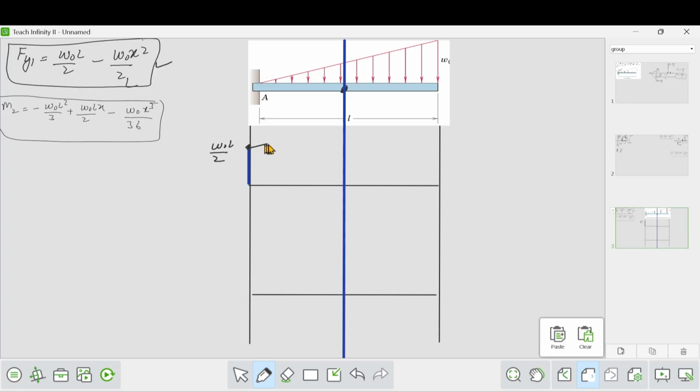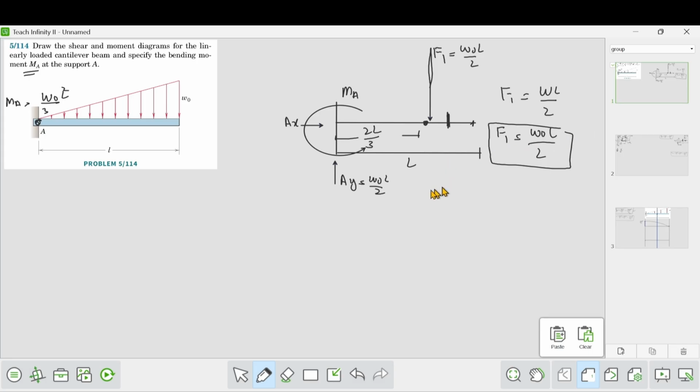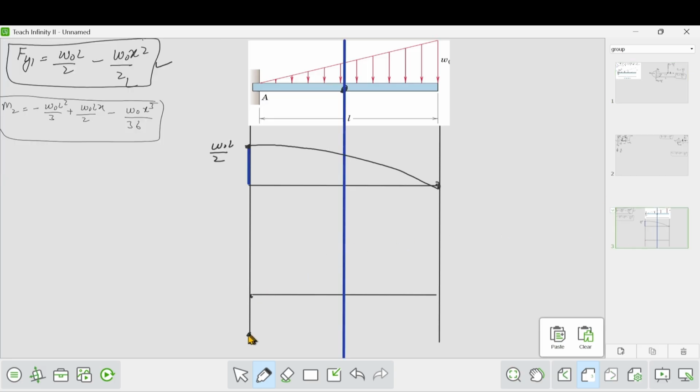So it will be like this parabola, and from the equation we have drawn the shear force diagram, and this is negative. The bending moment at point A we have found is omega naught L square divided by 2. It is a cube function, so that's why it will be like this. This is a cube function and this is a parabolic function.